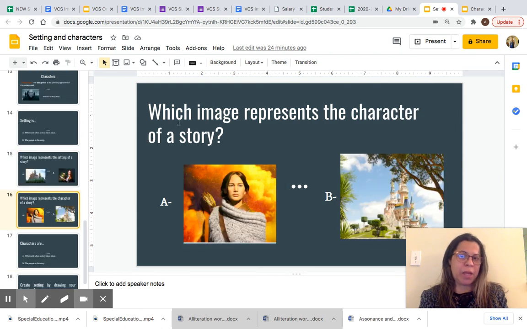Now, which image represents the character of a story? This girl in picture A or the castle in picture B? Pause the video and point to the correct answer.